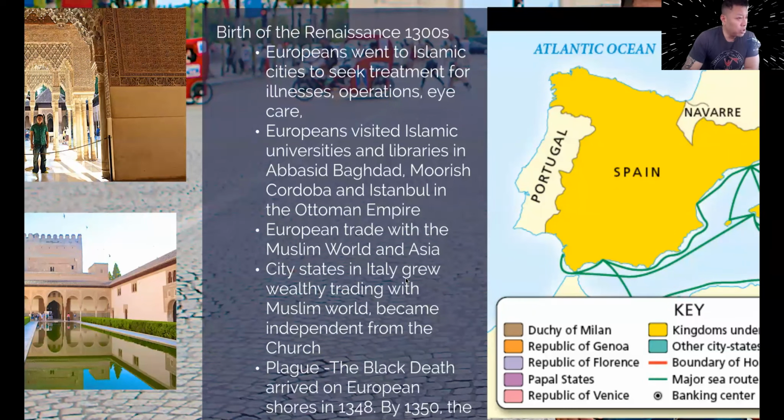And trade with the Islamic world enabled people with no title, no inheritance, to become very wealthy, importing goods from the Islamic world and then selling them in the European market.